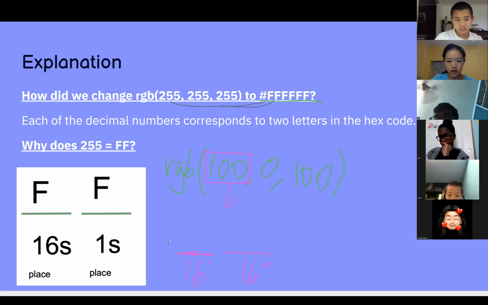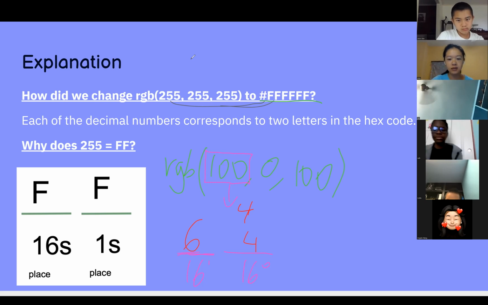Since 16 is the largest value that will fit into 100, how many times does that go into 100? Yes, 16 goes into 100 6 times with a remainder of 4. How many times does 16 to the 0 go into 4? 4 times. So the hexadecimal code for 100 is 64.